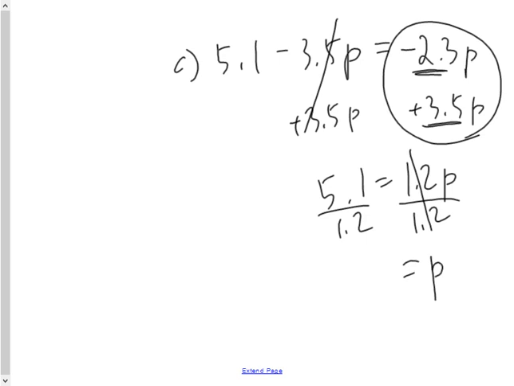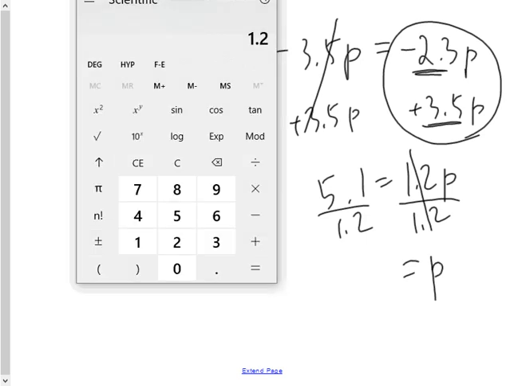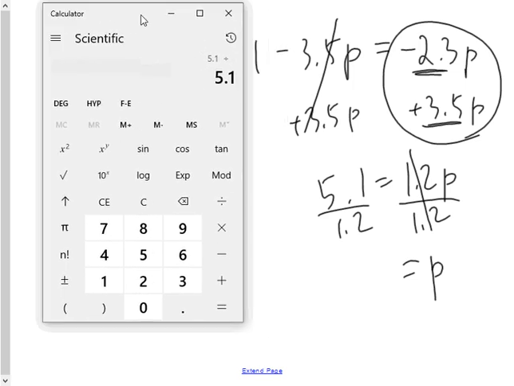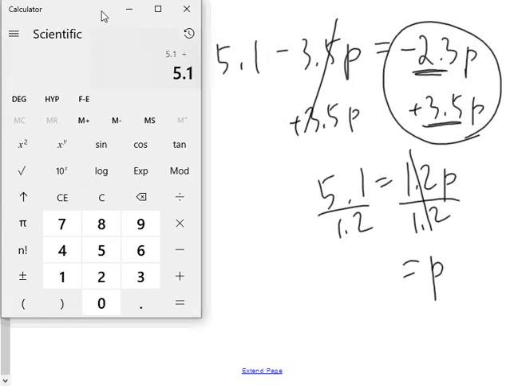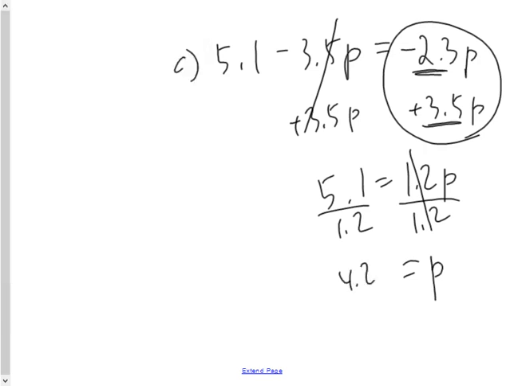And p will equal 5.1 divided by 1.2. So 5.1 divided by 1.2 is 4.25. So p has a standard value of 4.25, or 4 25/100ths, or 4 1/4.